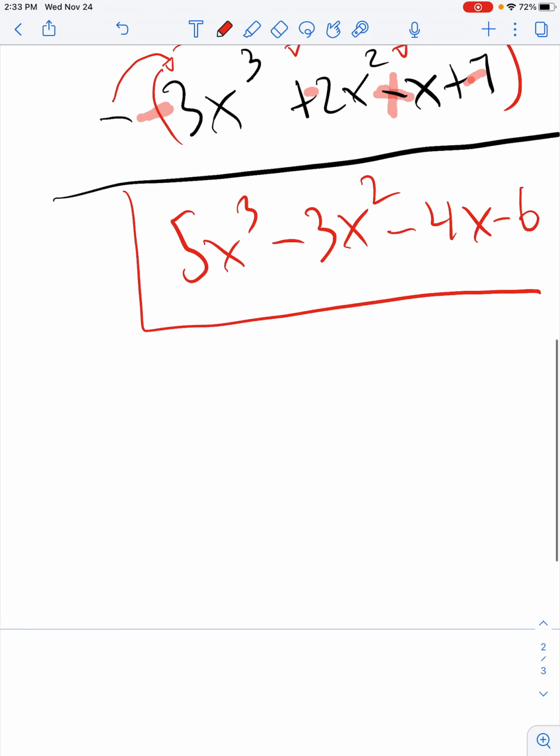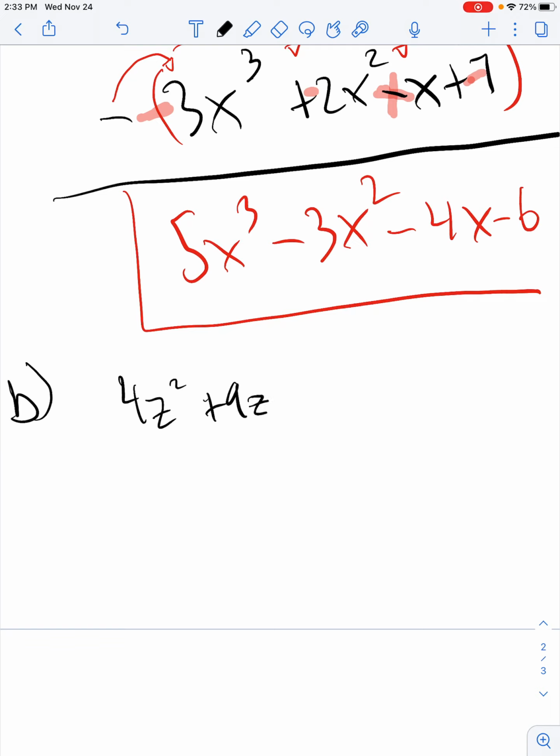So the next example is subtract 5z squared minus z plus 3 from 4z squared plus 9z minus 12. So if we have that one, we're going to say, okay, I have 4z squared plus 9z.